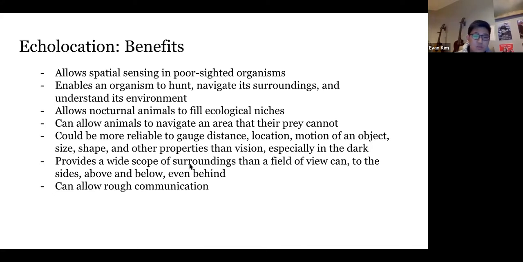So anyways, moths, for example, are a main source of food for bats, and moths can't really navigate a poorly lit area that well. So bats can use this to their advantage and track them down without the moths being able to see them coming so that they can eat them.